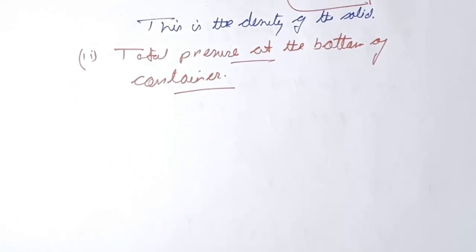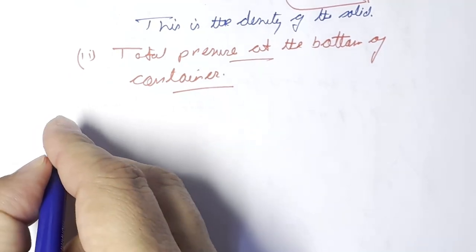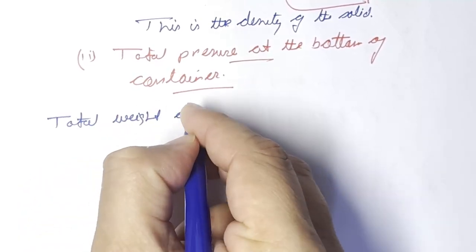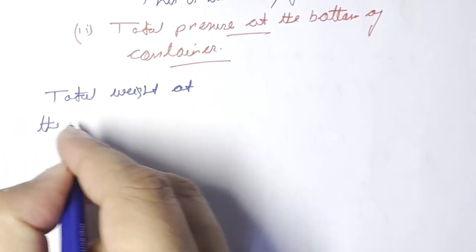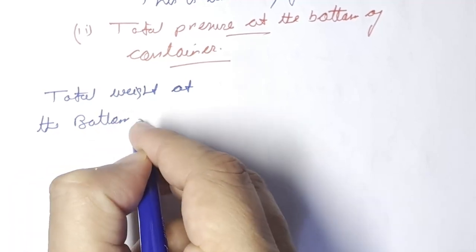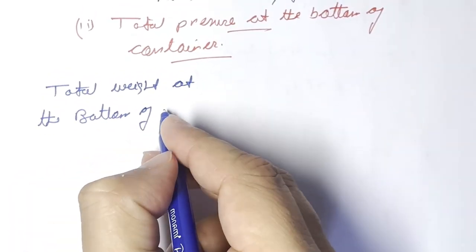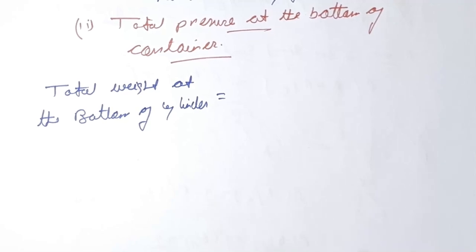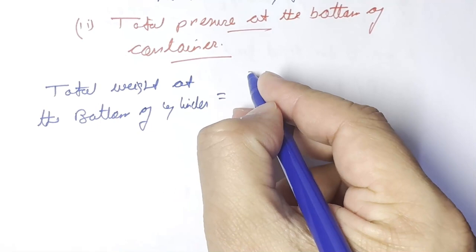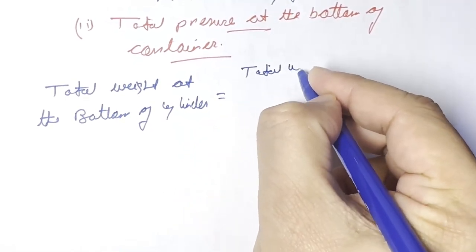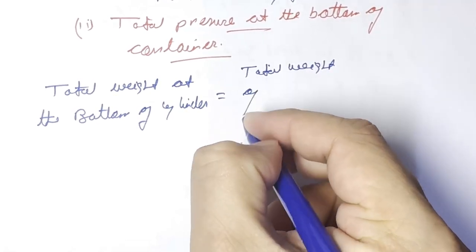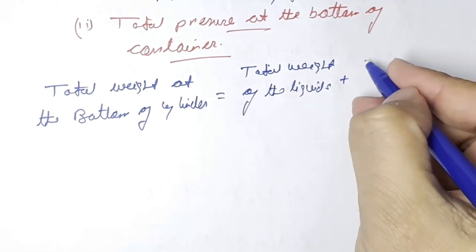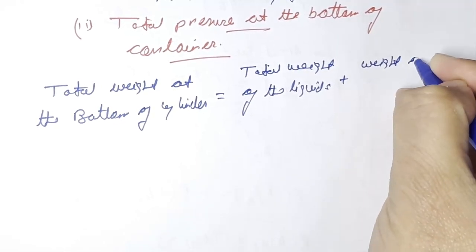So the total weight at the bottom of the cylinder will be equal to total weight of the liquid and the weight of the cylinder.